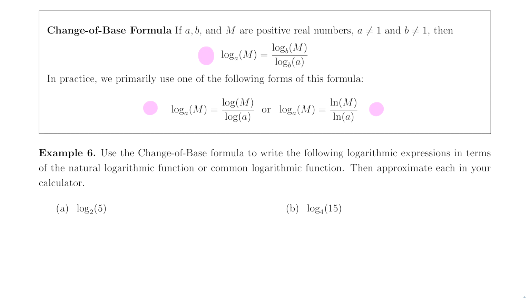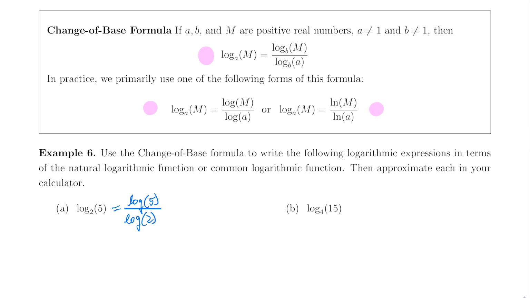So how does that look in action? Well, let's take the first example, and here we're going to use the logarithm to the base 10 at first. So we rewrite this as logarithm of 5 and divide that expression by logarithm of 2, because 2 was our base just now.